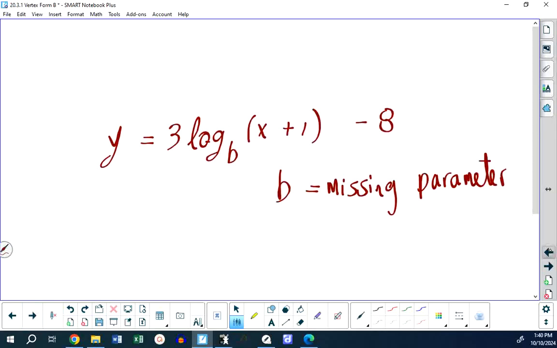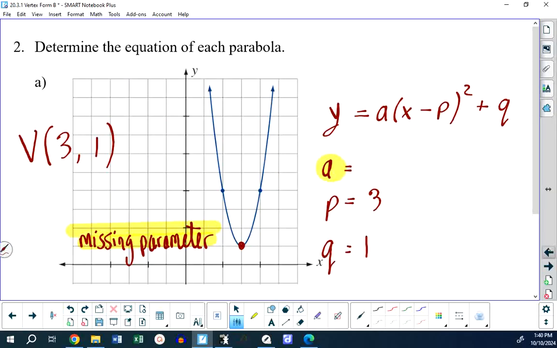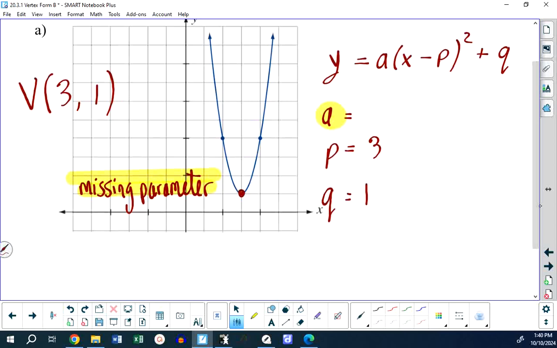Does anybody know, I'm just curious here, how we can find the value of A? Do you have an idea, Zach? No? Thought maybe you did. See, this equation, I'll help us out here, is now y is equal to a times (x minus 3) quantity squared plus 1, isn't it?